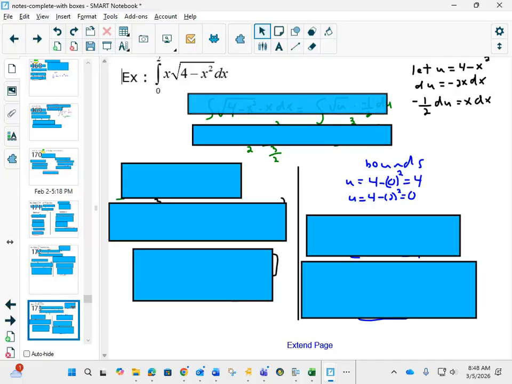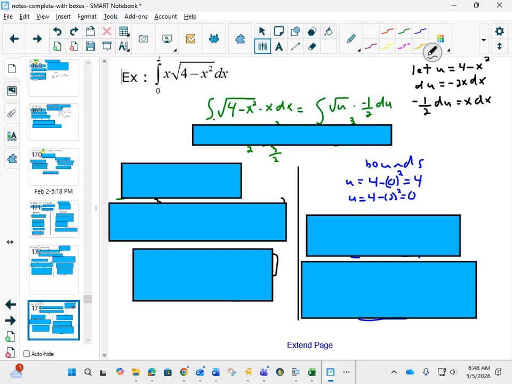Because when I write step 1, I would probably find it very hard if I rewrote the question not to write the 0 and 2 there. But when I change it to u, that means my lower bound changes to a 4. My upper bound changes to a 0.